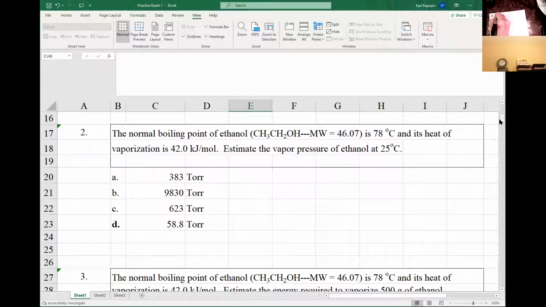It's log P2 over P1 is equal to minus delta H over R times 1 over T2 minus 1 over T1.